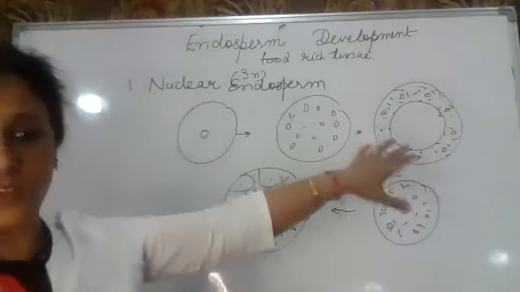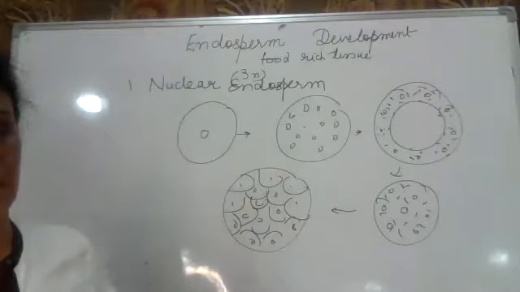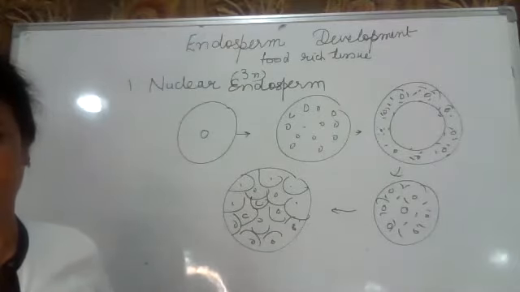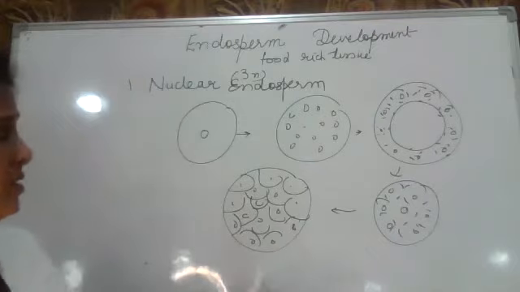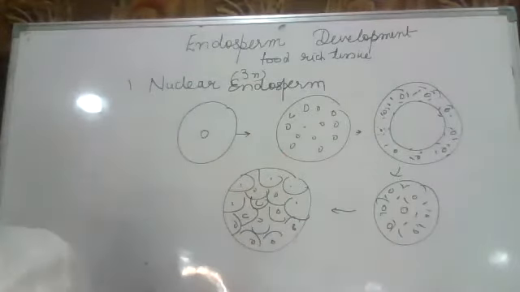This type of endosperm is found in wheat, rice, maize, and in fact coconut water or coconut milk is showing nuclear endospermic division.